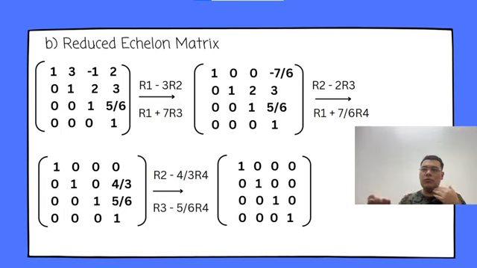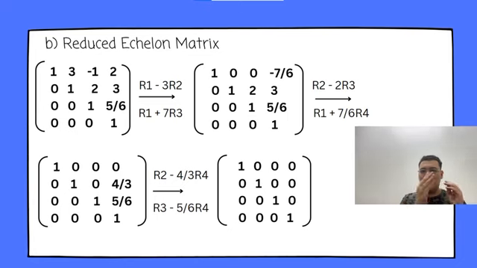For R2 we will do minus 2 R3, so we can get rid of the 2. So we will have this matrix: 1, 0, 0, 0, 0, 1, 0, 4 over 3, 0, 0, 1, 5 over 6, and 0, 0, 0, 1. Now we only have row number 3 and row number 4. We will just do the same with the next rows.